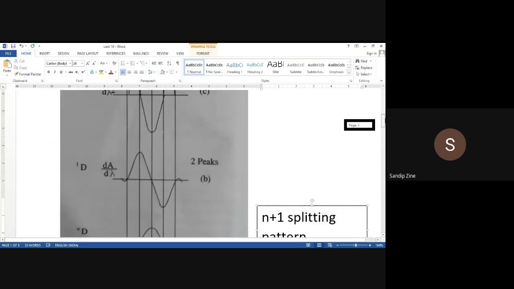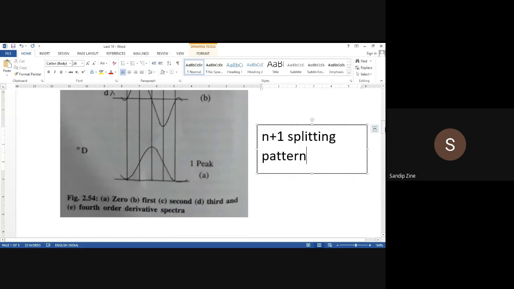In the first order derivative spectrum, the original band splits into two. In a second order derivative spectrum, the original band splits into 3. Again, the number of peaks in a spectrum of order n would be n plus 1. This is the splitting pattern.